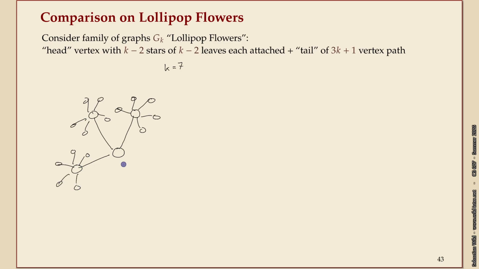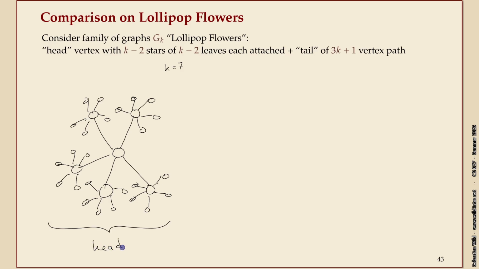I'm drawing the vertices with different sizes, but of course they're all just vertices, nothing special about them. That's the head. All right, so k minus 2, 1, 2, 3, 4, 5 of these added stars, and each star has k minus 1 leaves, 5 again.